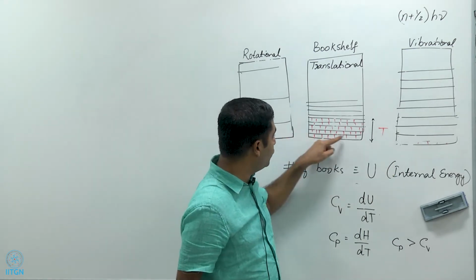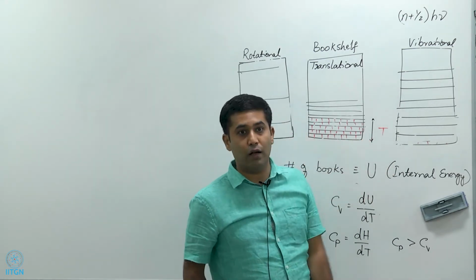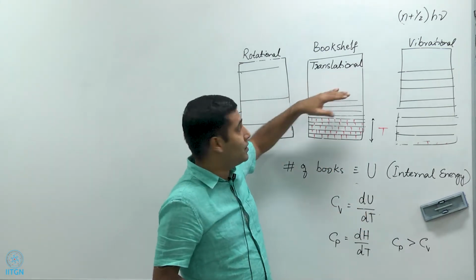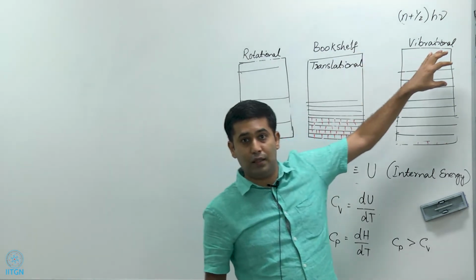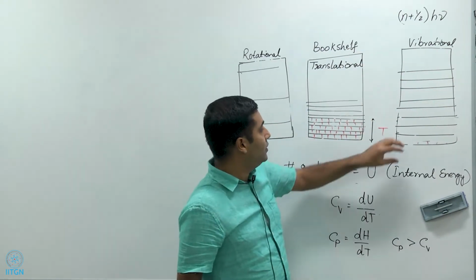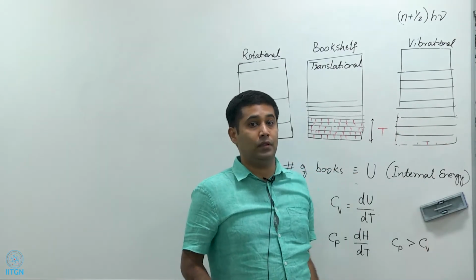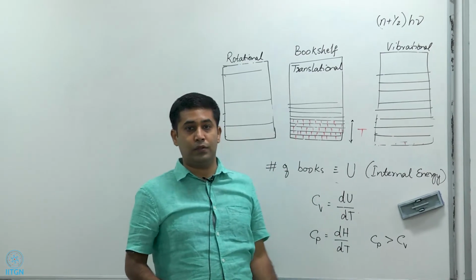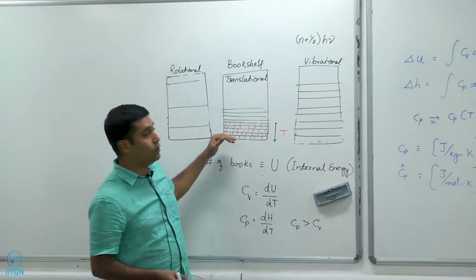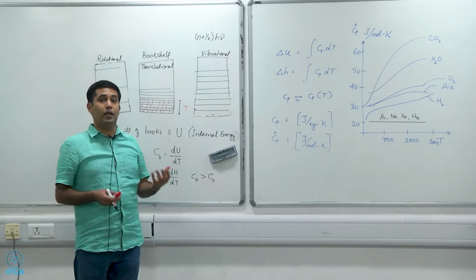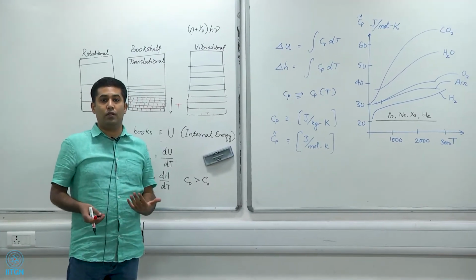You would first put these into the lower bookshelves, which are available only for the translational bookshelf. It is not available for rotational or vibrational. But as the temperature increases, these energy levels become accessible. And so, you can now put books into the vibrational energy levels in addition to putting them into the translational energy levels. And so, therefore, your Cp value typically increases as you increase your temperature.